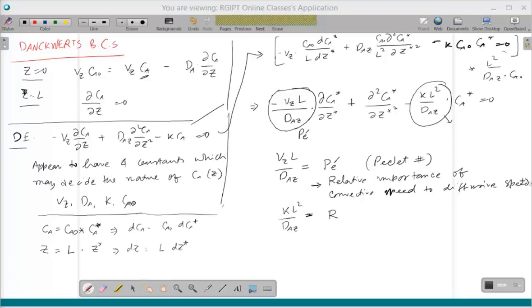So if diffusivity is large and convection is small, then this number will be small. Okay, so the flow is very fast as against the diffusion tendency. Tendency to diffuse is very small, and flow is very large.